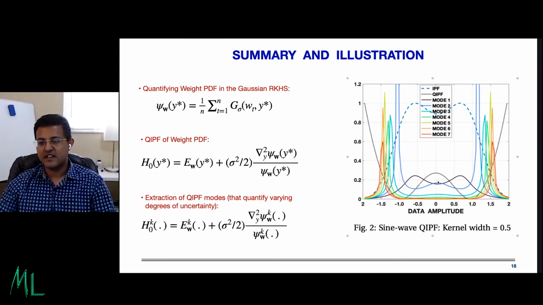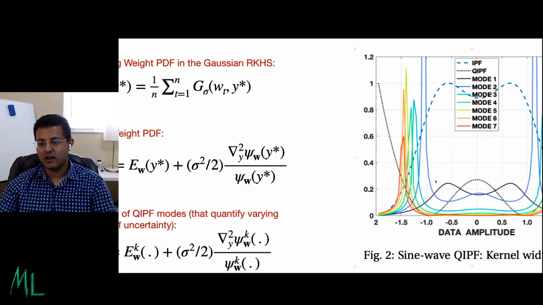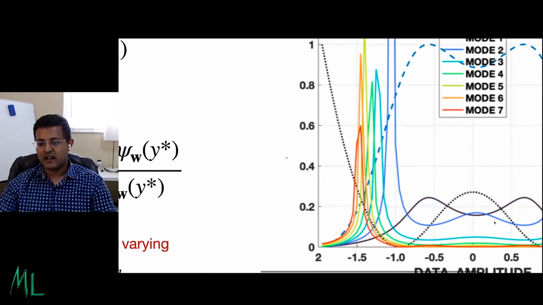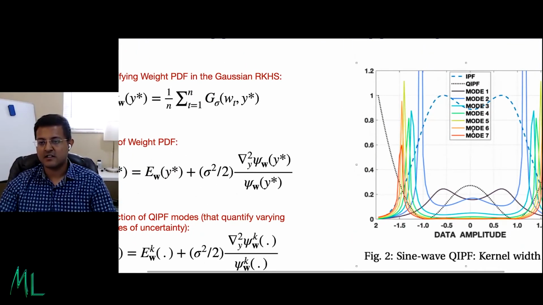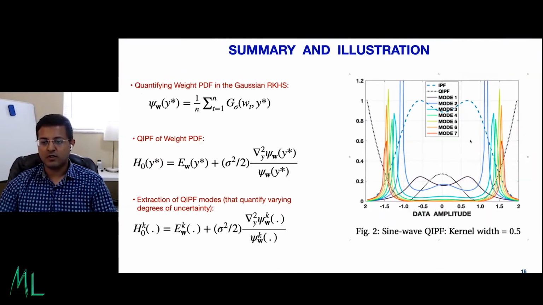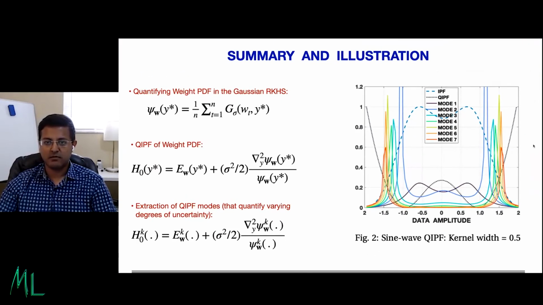And you can see here that for a very brief moment at the mean, mode number 2 dominates over mode number 1, indicating that there is slightly higher uncertainty at the mean. So this is just a very brief illustration of what our framework does in the space of data.